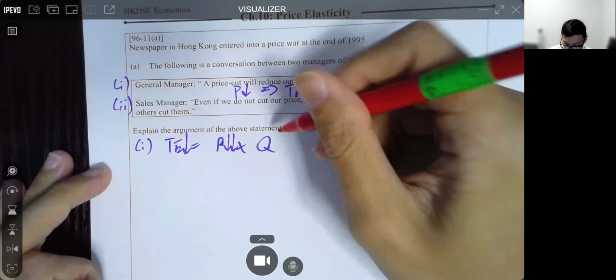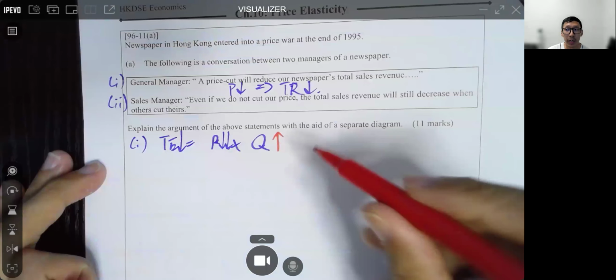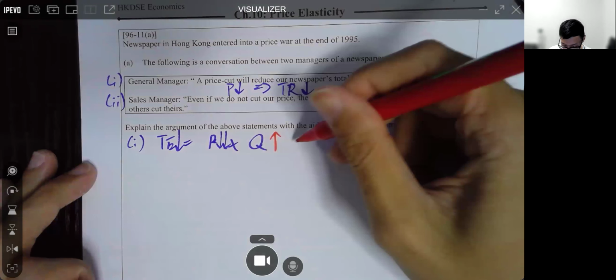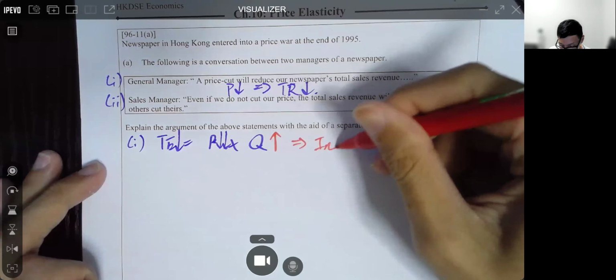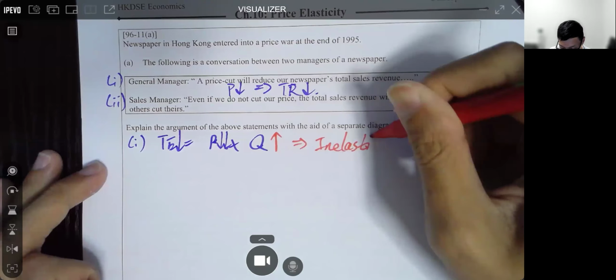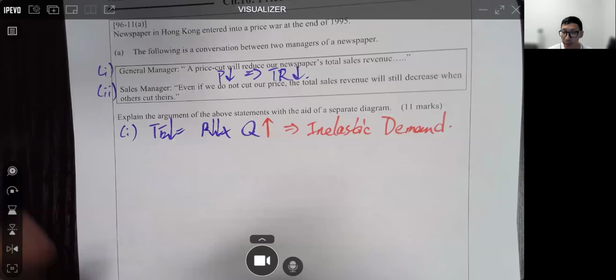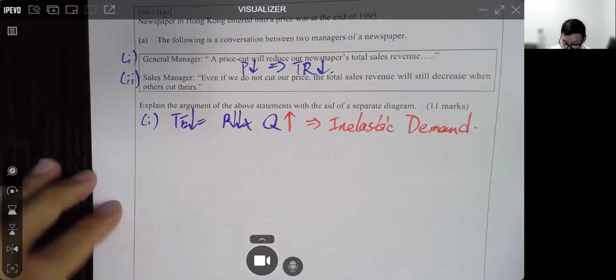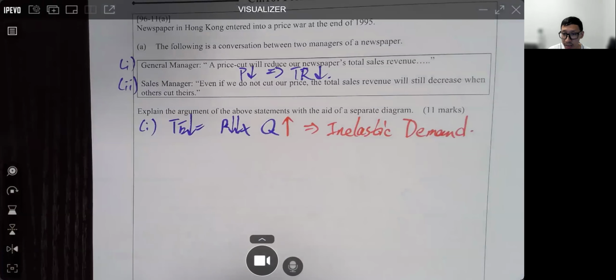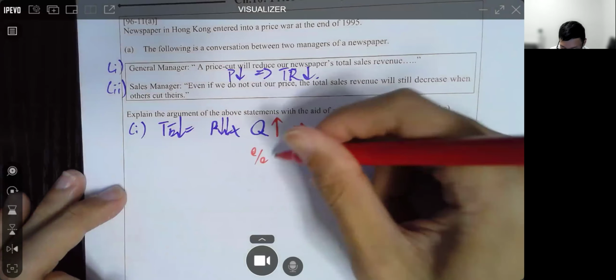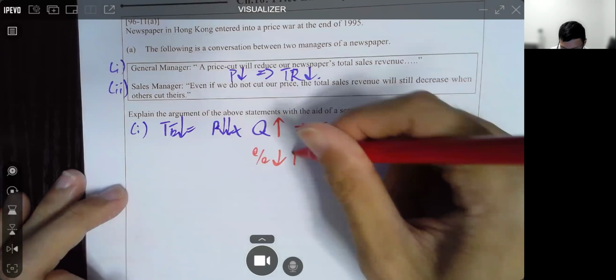When will this happen? To balance this equation, we know that quantity only changed by a smaller percentage. What do we call this? We call this inelastic demand.